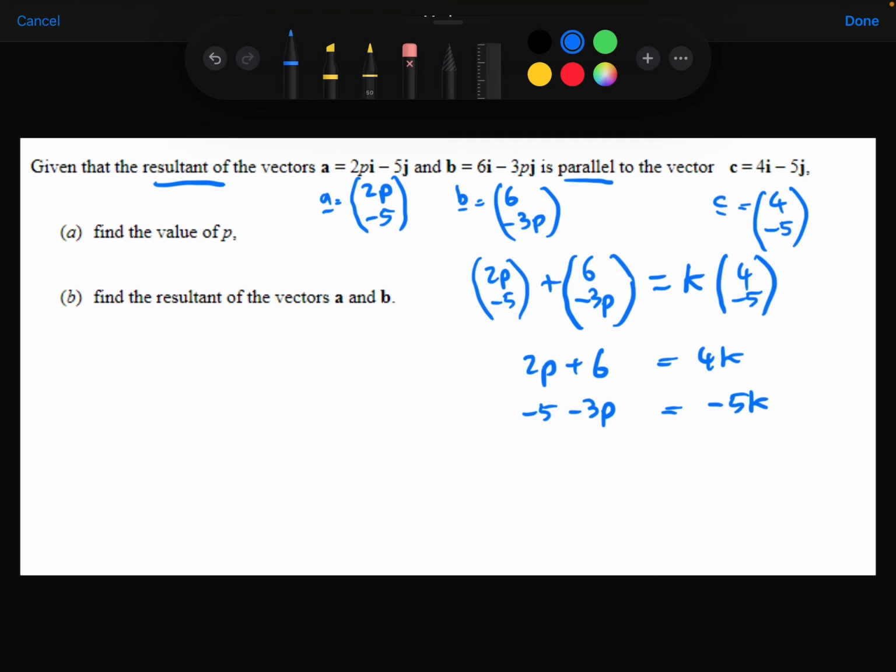We can now do some simultaneous equations to work out what p is going to be. So, lots of different ways we can solve this. I'm going to take this first equation, make p the subject, and substitute that into my second equation.